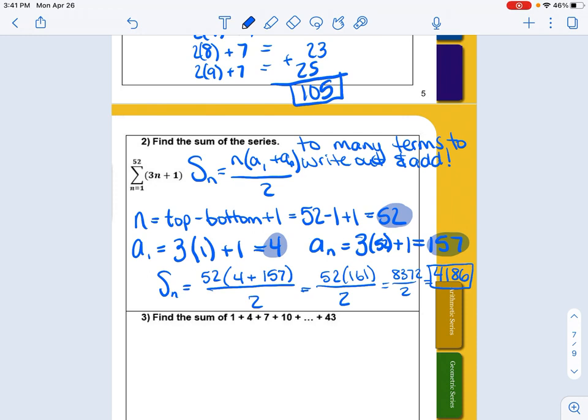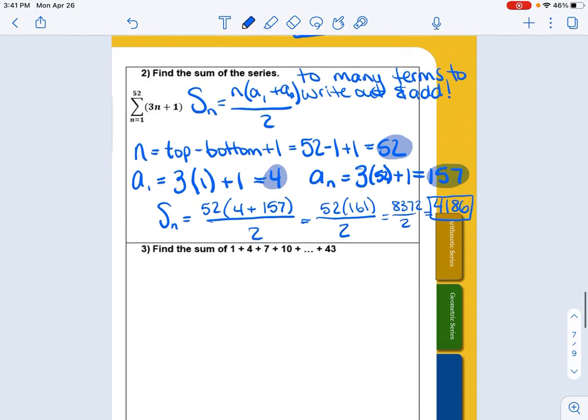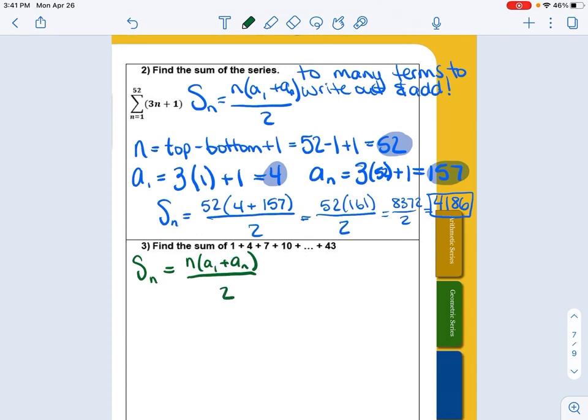Now, number 3, we have to find the sum of 1, 4, 7, 10, and we know the last term is 43. The problem is we don't know the number of terms. So I'm going to rewrite our arithmetic sum formula here, and then we're going to have to do some figuring out. We don't know our n value yet. We don't know how many terms there are.